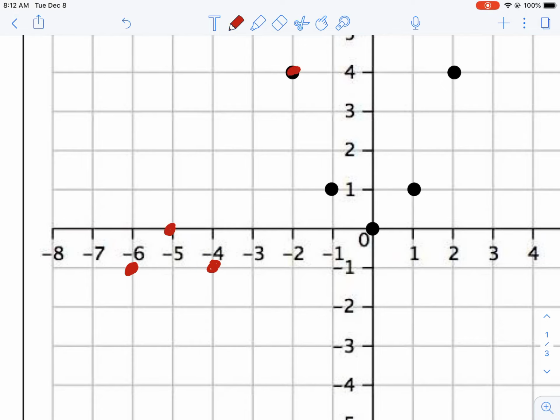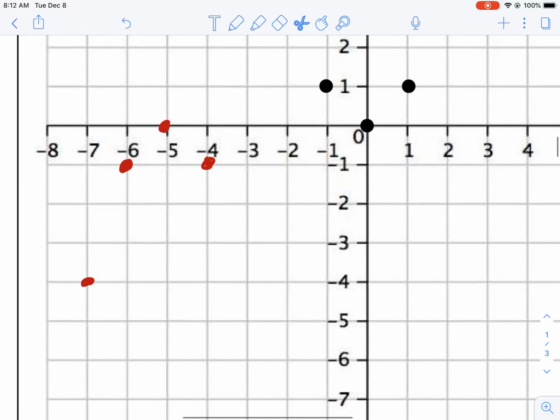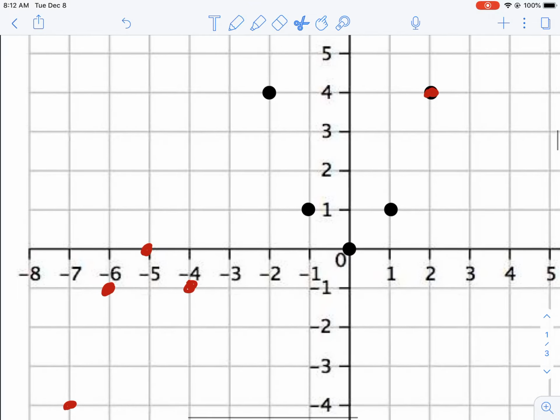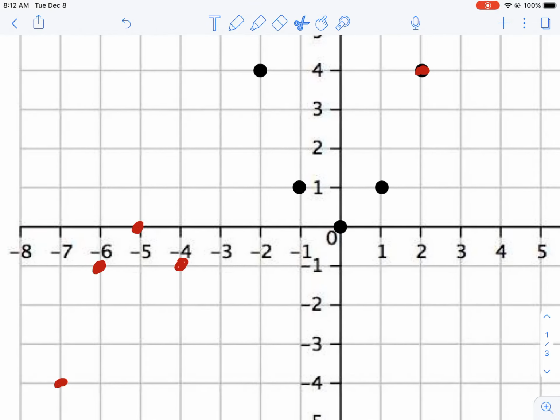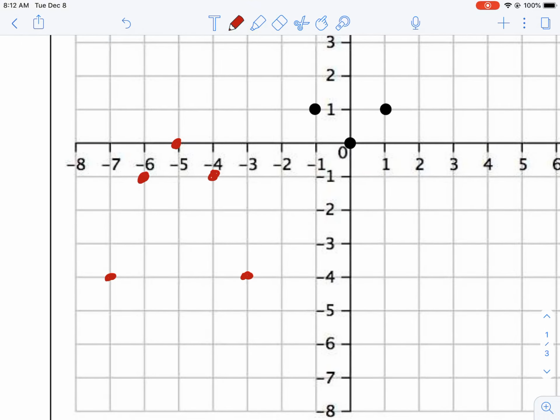These 2 points up here, we're going to do the same thing. 1, 2, 3, 4, 5, except now I'm up 4, so I need to reflect to being down 4. And then same for this other point. We know it's going to be right here because it's the next one over, and we know it's got to be down 4. Okay, so these are the 5 points, and then we can connect them, we can make our graph, and we can call it a day.